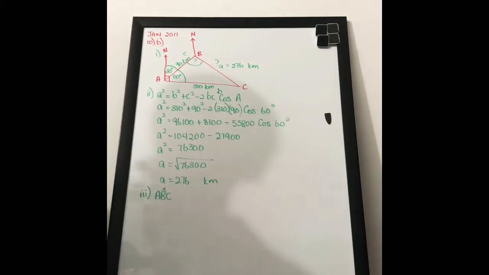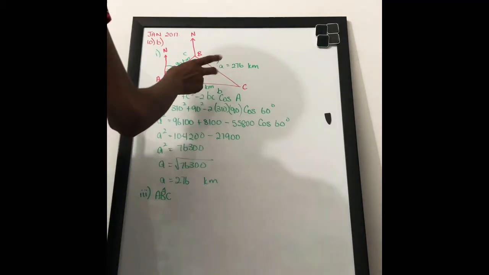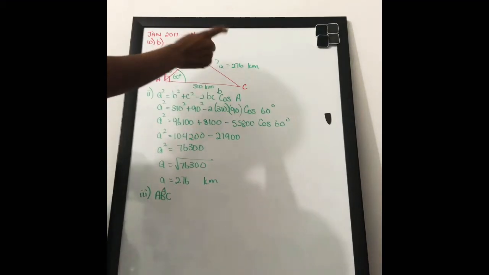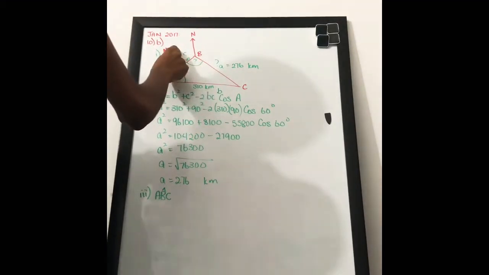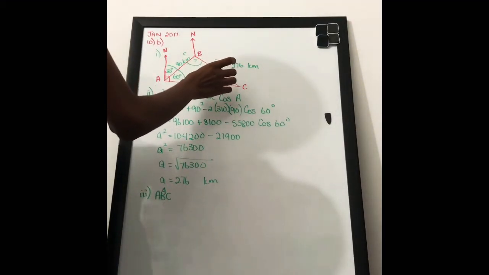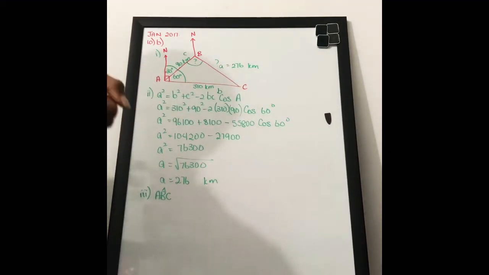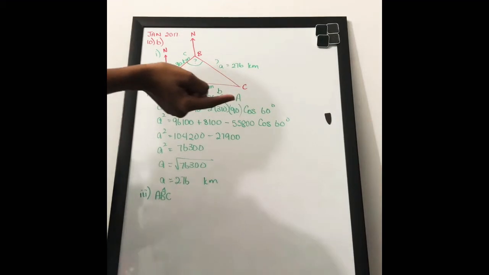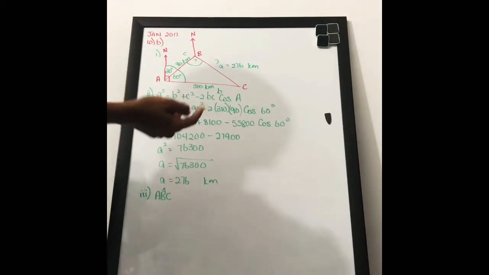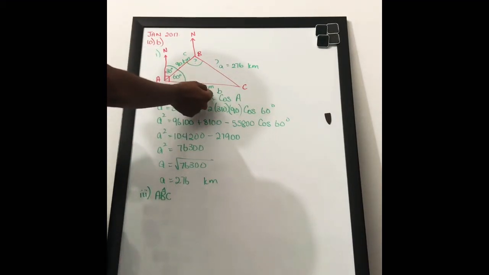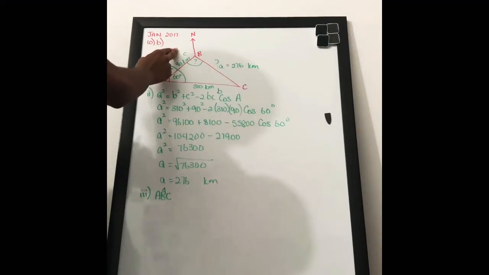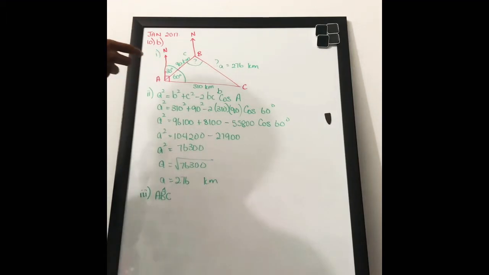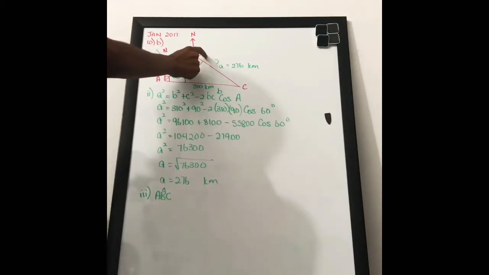If it was the cosine rule, because we have the three sides, we'd have to make B the subject because we want cos B in the equation, right? So it'd be B squared is equal to A squared plus C squared minus 2AC cos B, and we'll be able to find B.